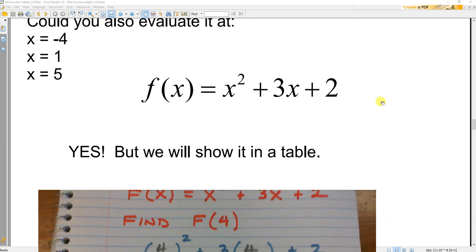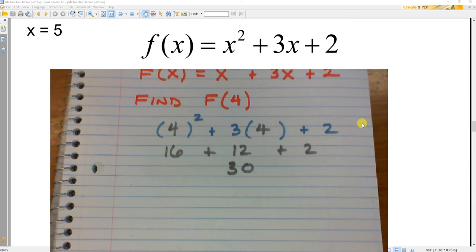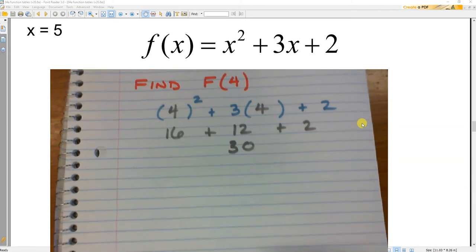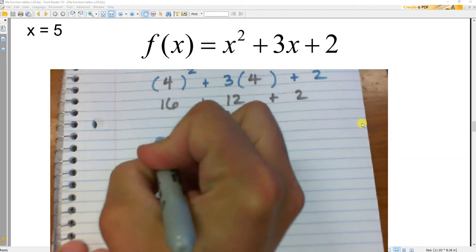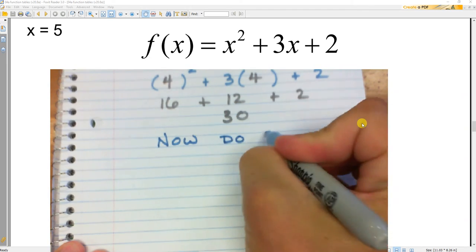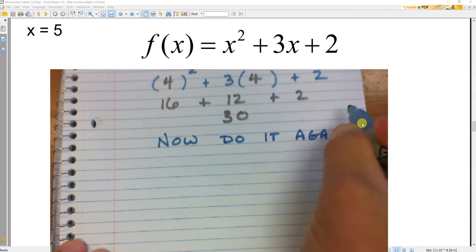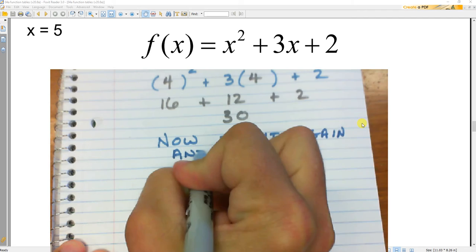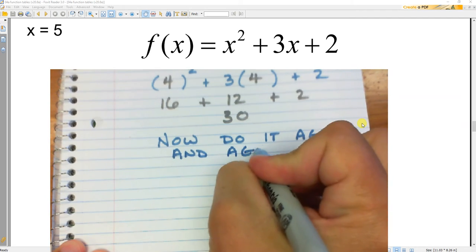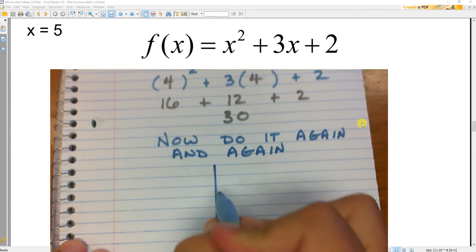So we're going to do it again, but just with a table. So in our notes, so as a table, ready?